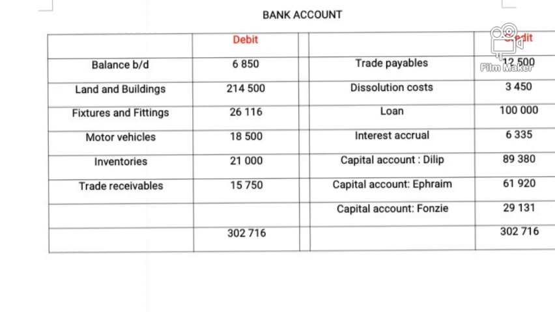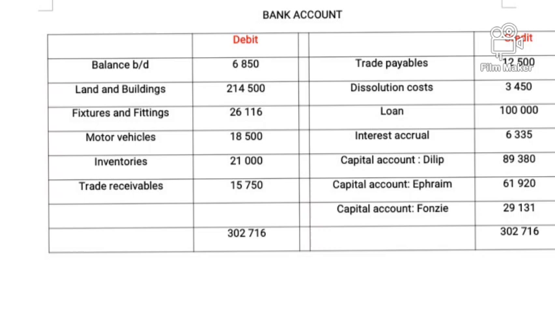Welcome to our last segment where we shall be focusing on the bank account, right? So the bank account is going to start with balance b/d, and the balance b/d depends on whether the bank account is favorable or an overdraft.